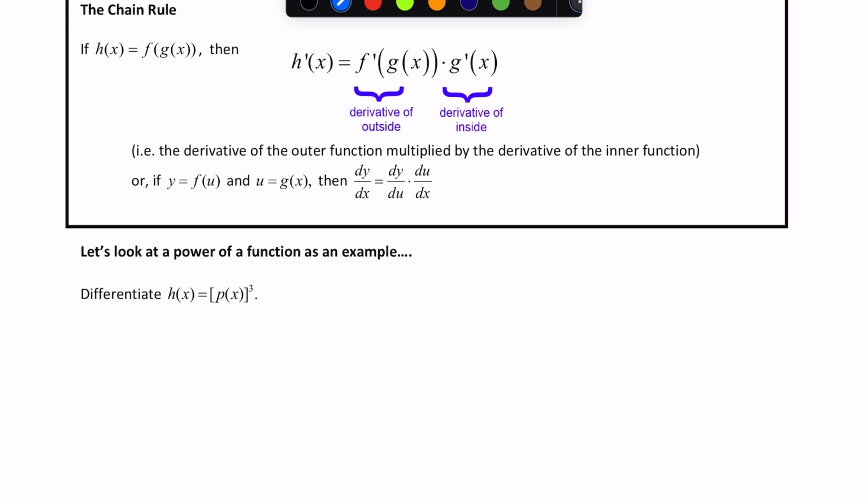So let's look at this power function as an example. Here it says differentiate h of x is equal to p of x cubed. If we look at the outer function, we have something cubed. In our inner function, we have p of x.